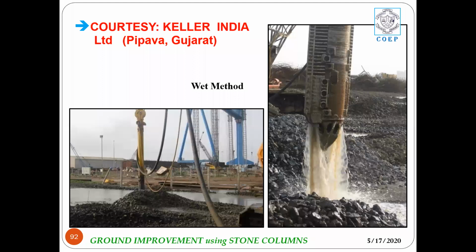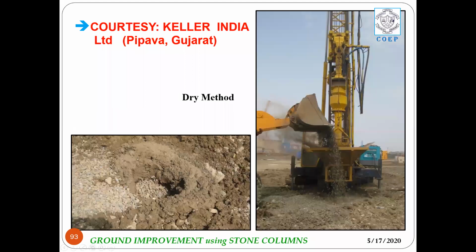In the case of the dry method, the JCB can be seen loading the hopper, and here the opening of the window that I was mentioning is visible clearly. The hopper goes to this height and then empties the entire consignment of aggregates into this particular window, which falls into the hole below. This is a completed stone column by the dry method.